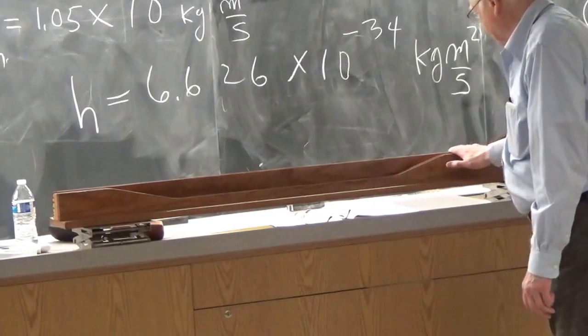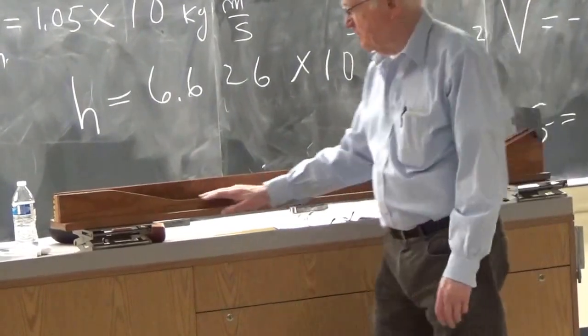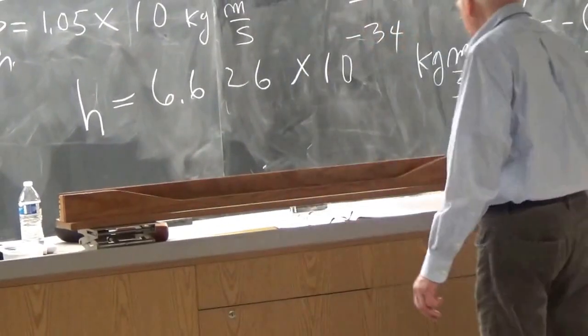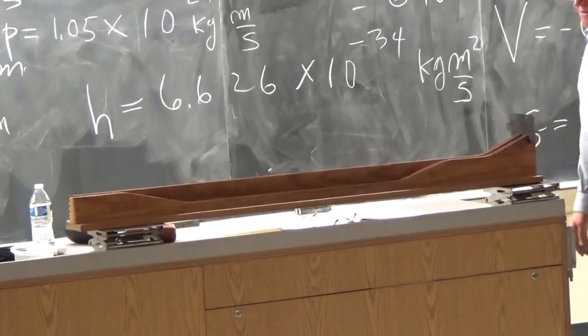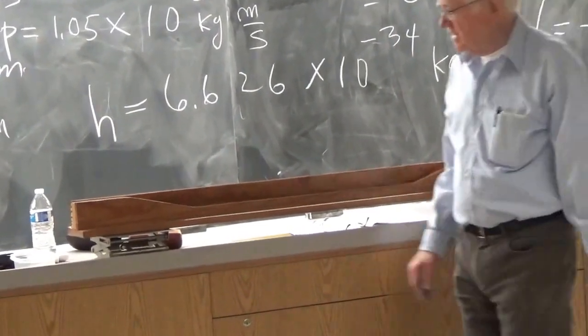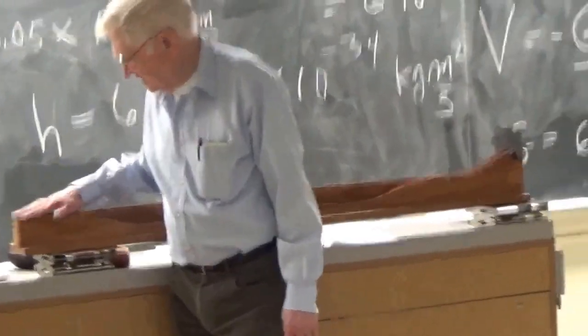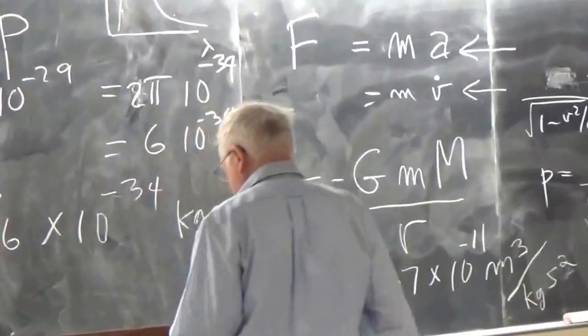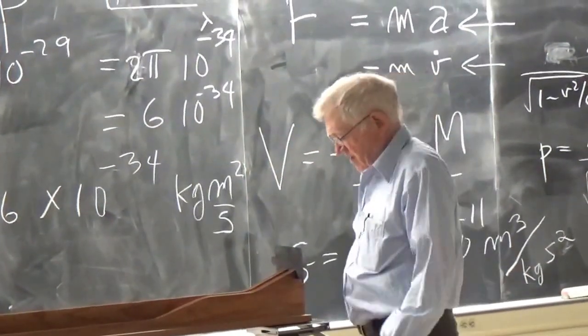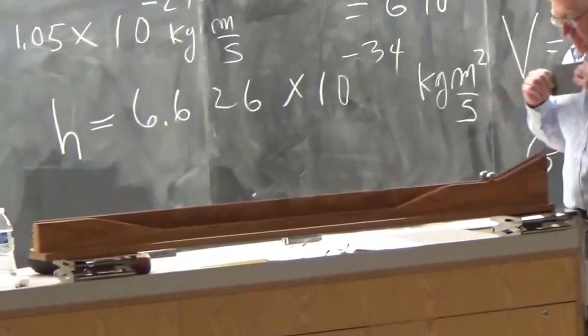They start out the same, but then one goes down and then back up, and one stays constant. And what we'll see is that they're moving at the same speed here, which means that the kinetic energy is conserved.